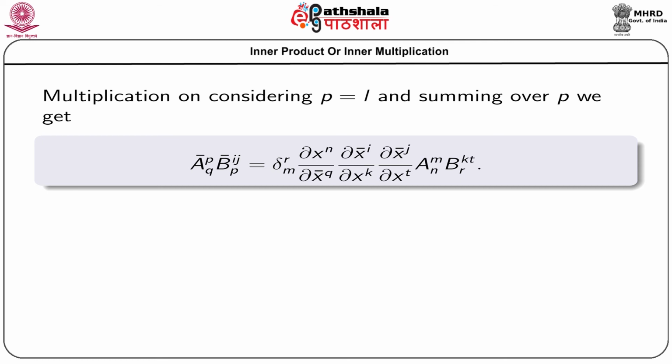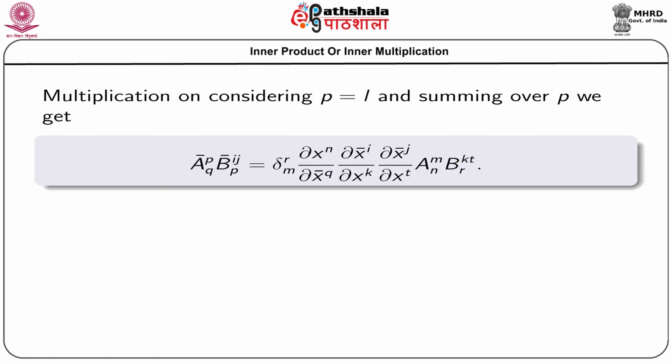So, this gives rise to this factor on the right hand side, that del^r_m with del x^n del x bar q del x bar i del x^k del x bar j del x^t A^{mn} B^{kt}_r.